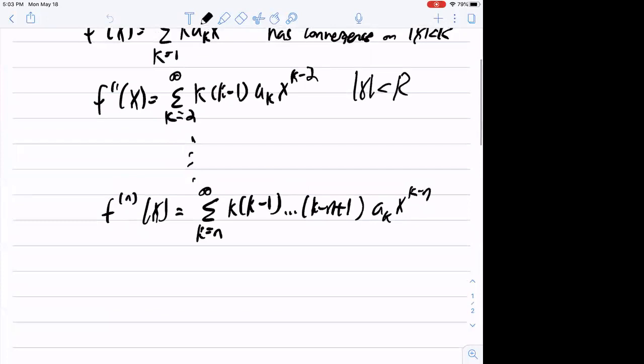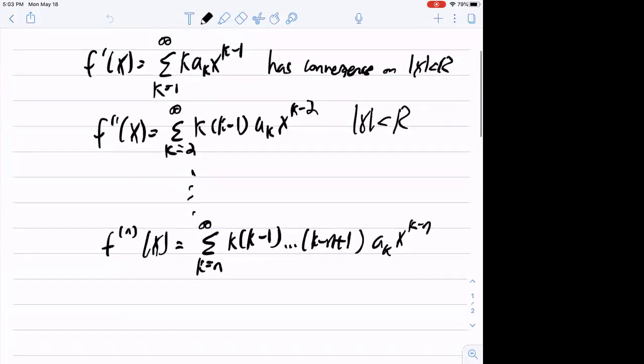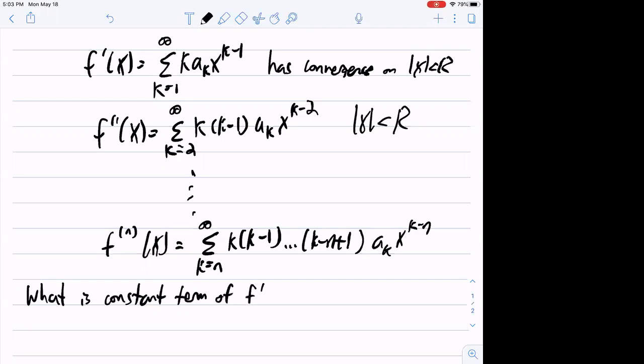So from here, you can see, what is the constant term of f prime? How do I get the constant term?